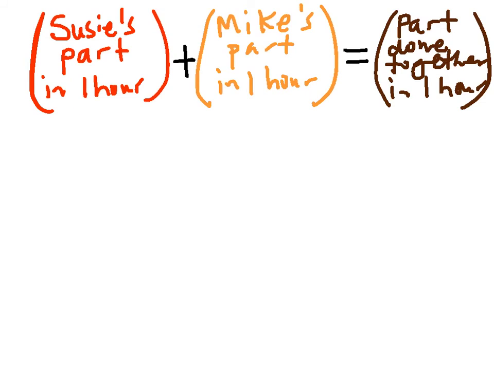Again, we have the part done by Susie in an hour, the part done by Mike in an hour, and that will equal what they do together in an hour. So we have Susie's part, which was 1/4, added to Mike's part, which was 1/6, and all that together should equal the whole, which is 1 over t.